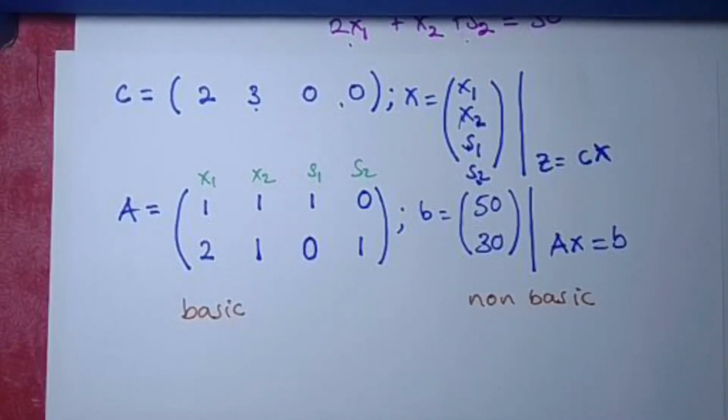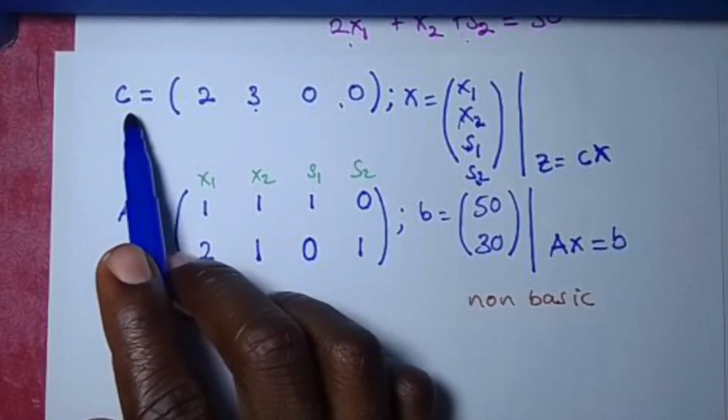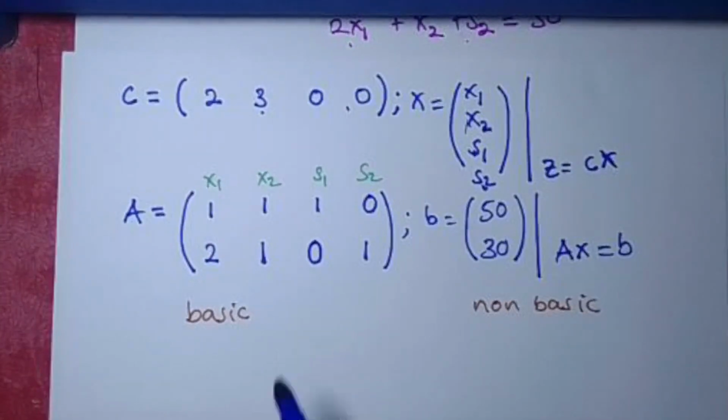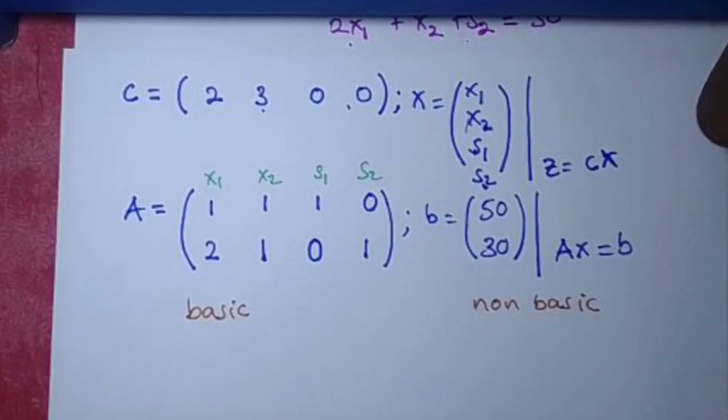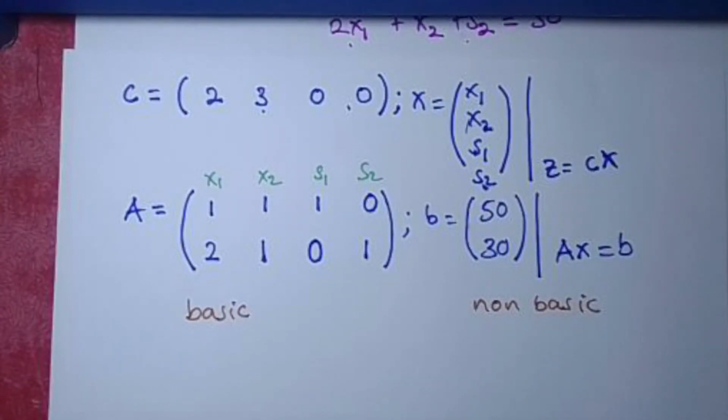For example, the coefficients are going to be divided into two parts. We shall have the coefficients of the basic, this coefficient set C, we shall have CB and CN to represent coefficients of basic and coefficients of non-basic. So first of all, what do we call basic variables?